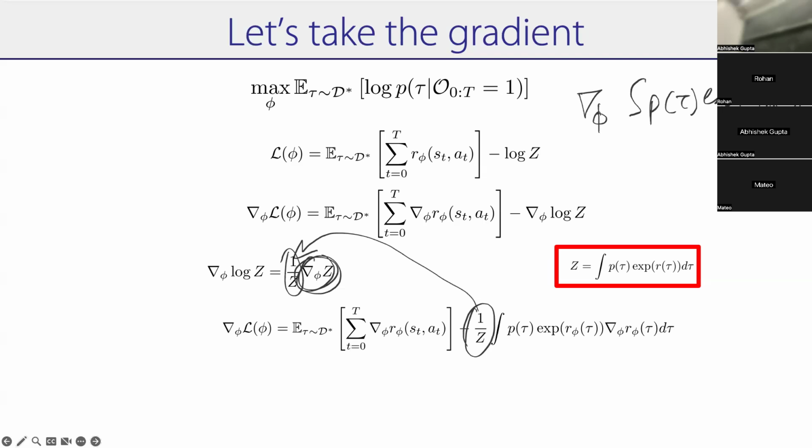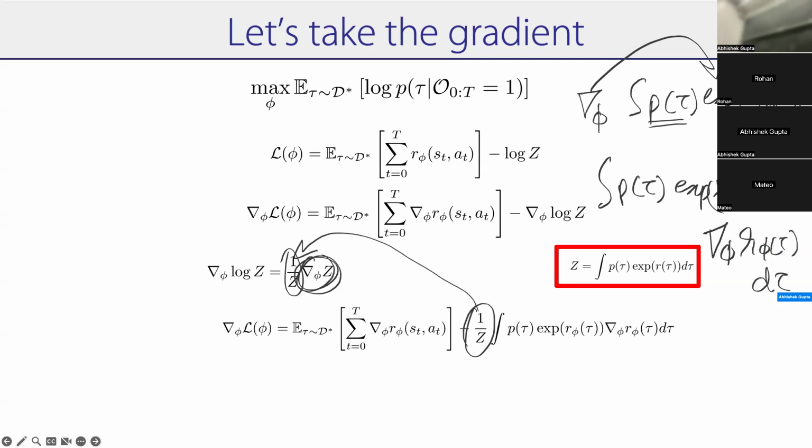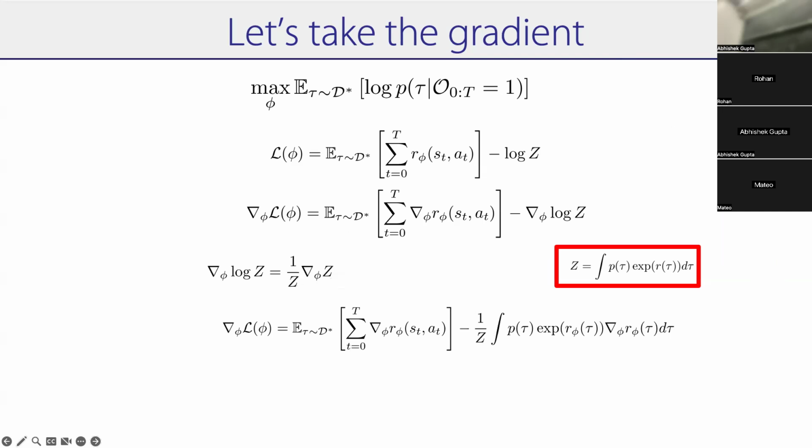What happens next? Bring it in, right? This thing doesn't depend on phi, so bring the gradient in. And the gradient of exp is exp, right? And so you're going to have the integral d tau of exp r phi tau, but you're going to have the chain rule again, so you're going to have a grad phi r phi tau. That's it. You just brought it in and applied the chain rule.